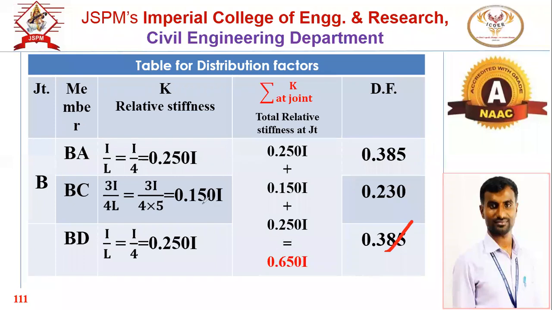And that of BC, 0.15 divided by 0.650, so the distribution factor is 0.230. So these are the distribution factors.